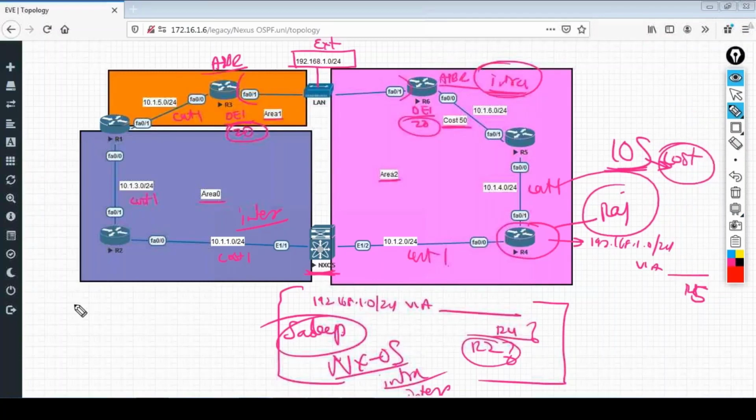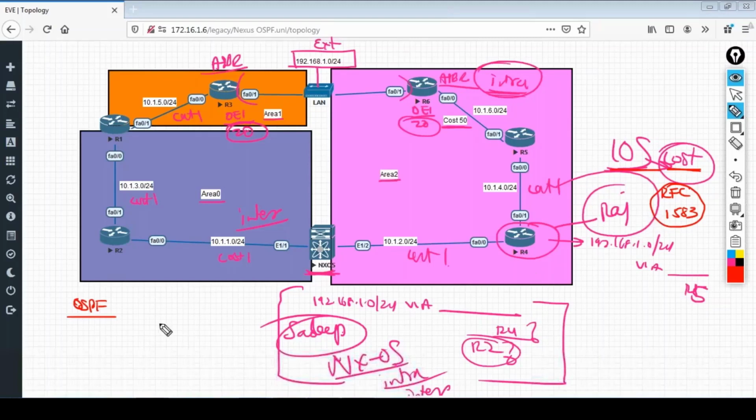OSPF has been developed, the RFCs have been changing, and it is left to the vendor what they prefer. And this behavior that you are seeing in IOS is because of an RFC that they are following, 1583. This is an OSPF RFC which works on the cost factor. Based on the cost we decide.